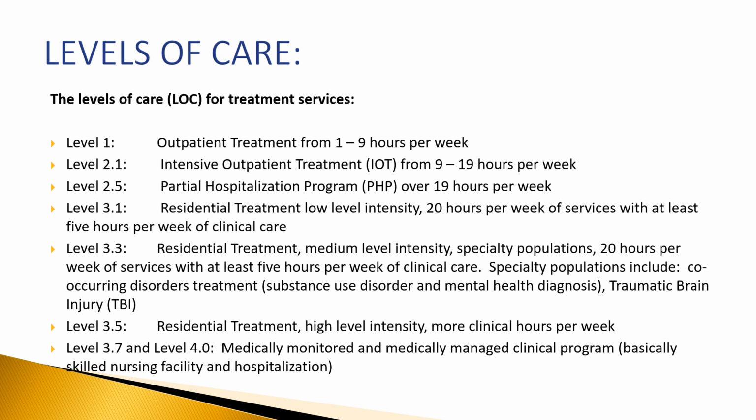Level 3.5 is residential treatment, high level intensity, and more clinical hours per week. Level 3.7 and level 4, which is the highest, is medically monitored and then medically managed clinical program, meaning the client needs to be in a skilled nursing facility or a hospital.